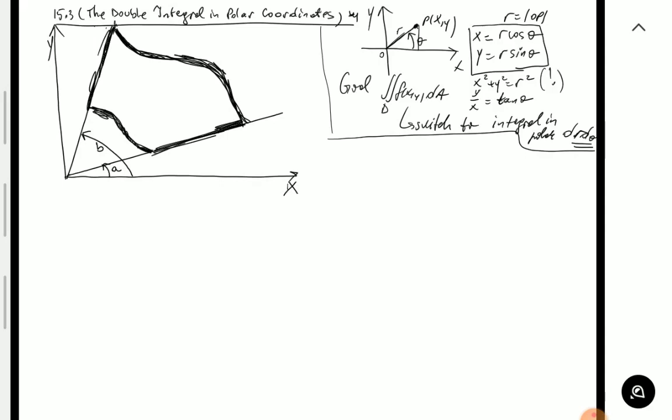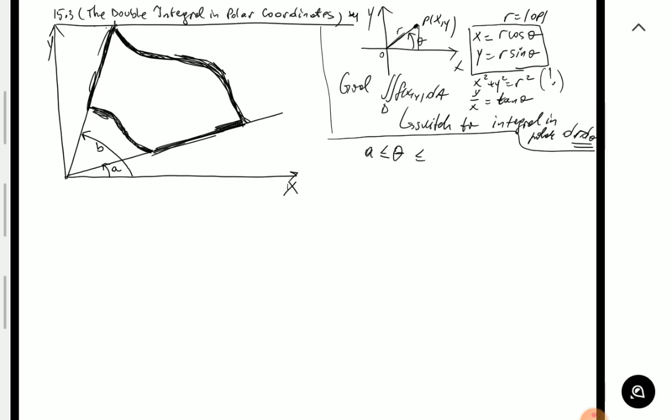All right, so this is the domain, and the reason it looks like that is because we make the variable that denotes the polar angle, theta, be between constant bounds.